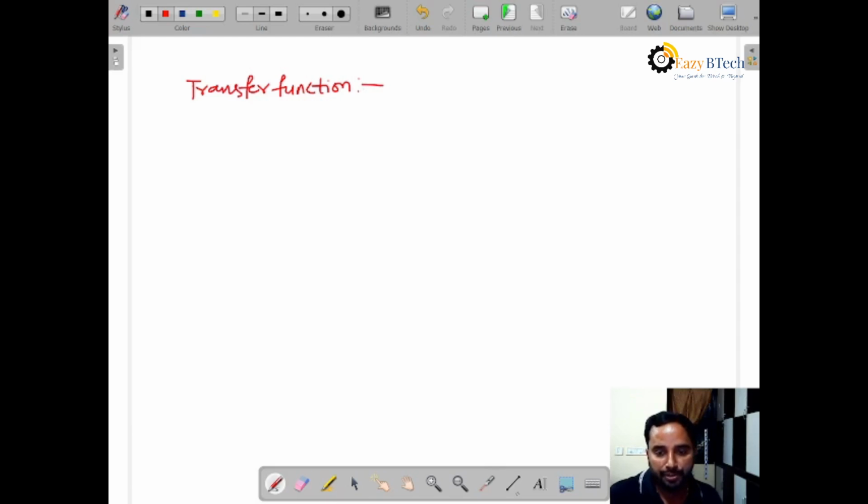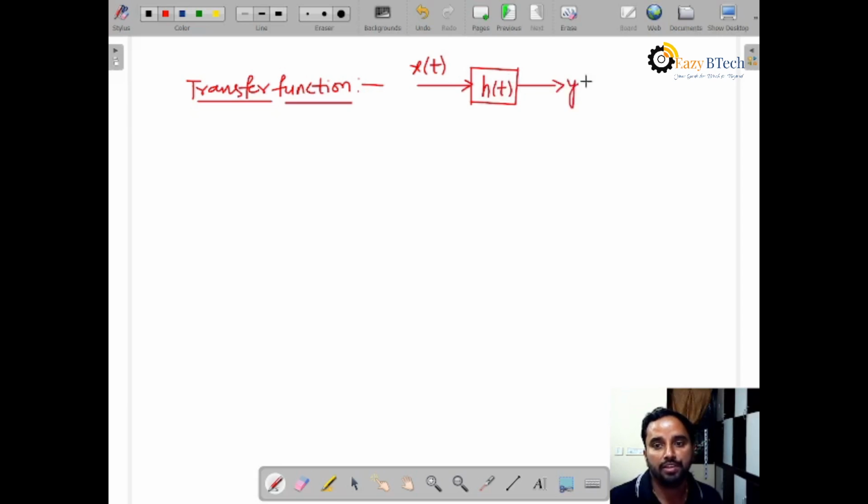So linear system we know. I am plotting the linear system. This is the linear system. Here the input signal is x of t, and the impulse response of the linear system is h of t, and the output signal is y of t.